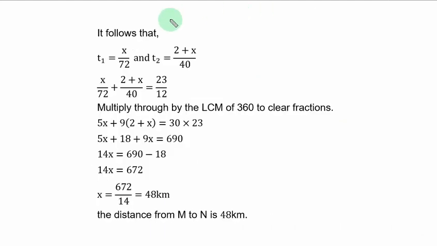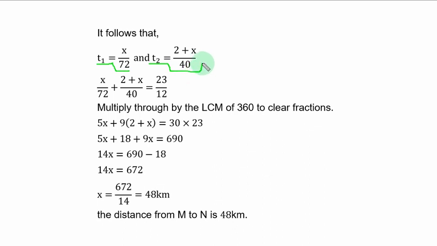It follows that for the traveling of the man, the time t sub 1 is equal to the distance s over speed 72, and for the coming back, the time is t sub 2, the distance is 2 plus s over speed 40.